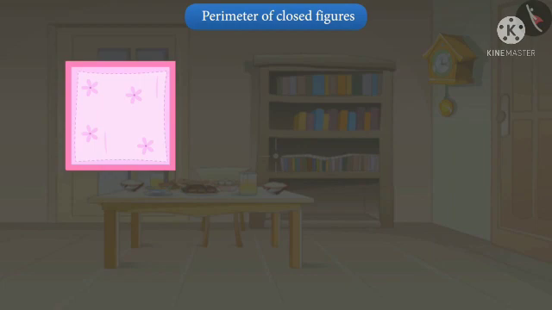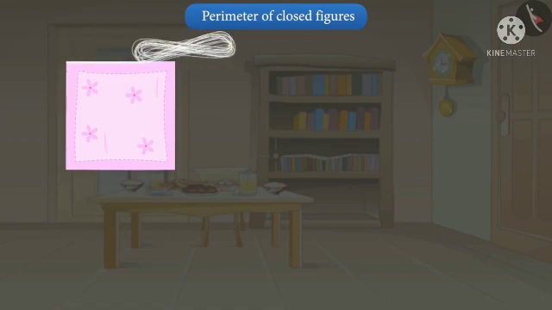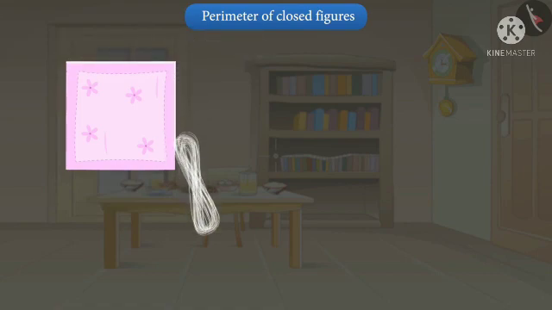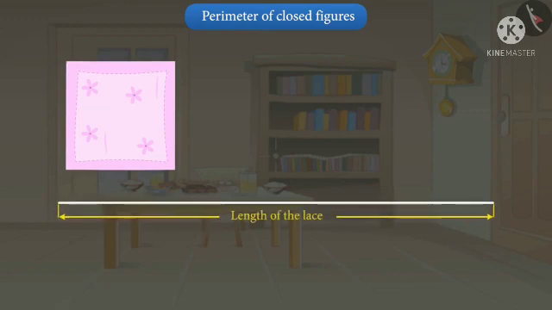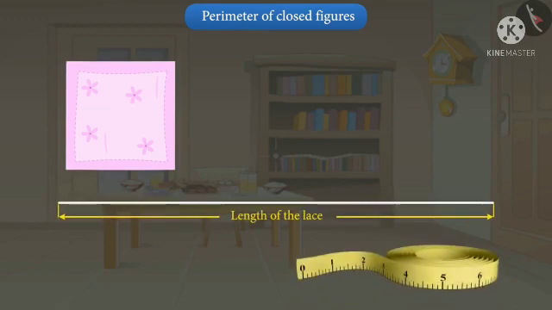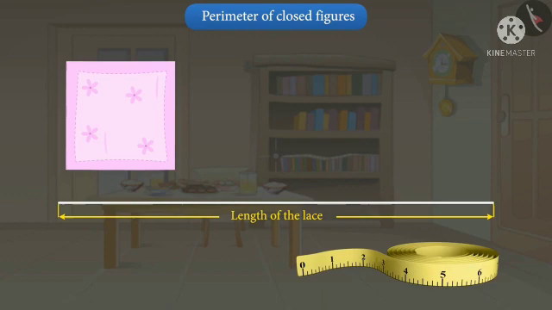Let me tell you. One way is to take a thread, attach it to one corner of the handkerchief, and then place the thread along the sides and come back to the same corner from where we had started. Now she can say that the length of the lace needed is equal to the length of this thread. With the help of a ruler or a tape, she can find the length of this thread in meters and centimeters.